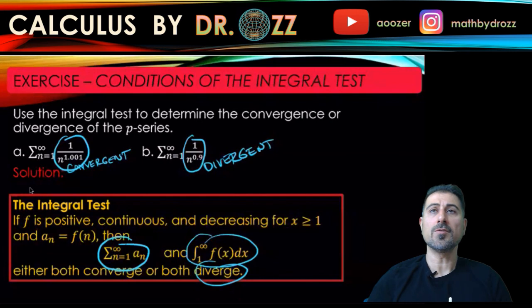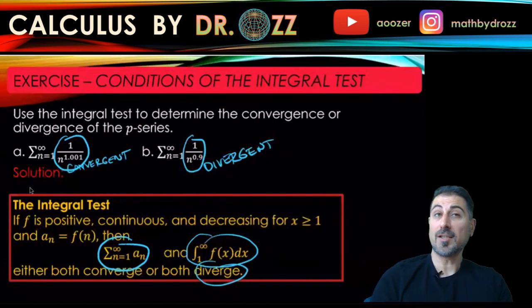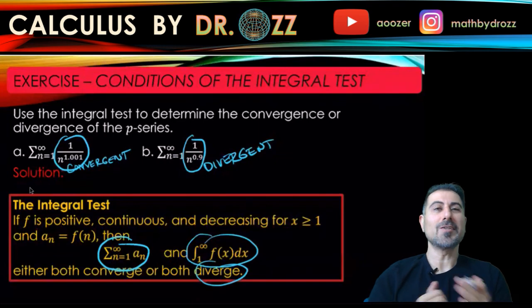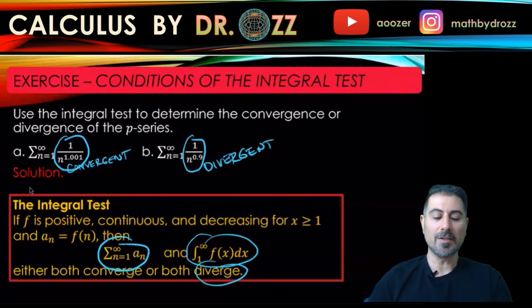There's going to be another video where we use the P series test to directly conclude that the first one is convergent and the other one is divergent. I would totally recommend you check the P series test after you're done understanding the mathematics here. With the P series test, you can get those conclusions in just one shot.